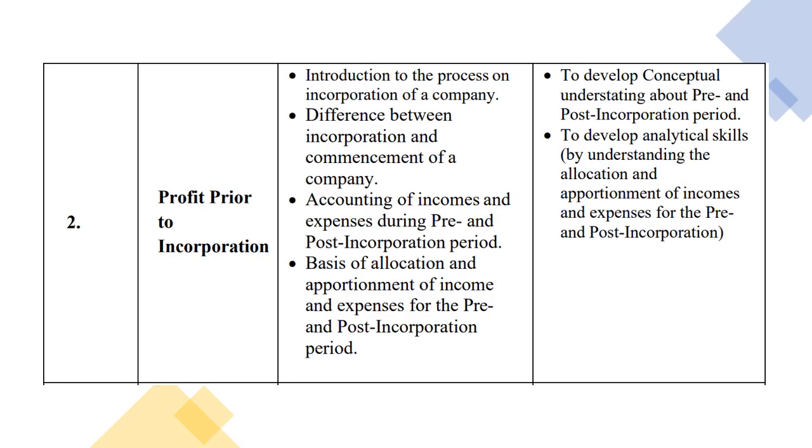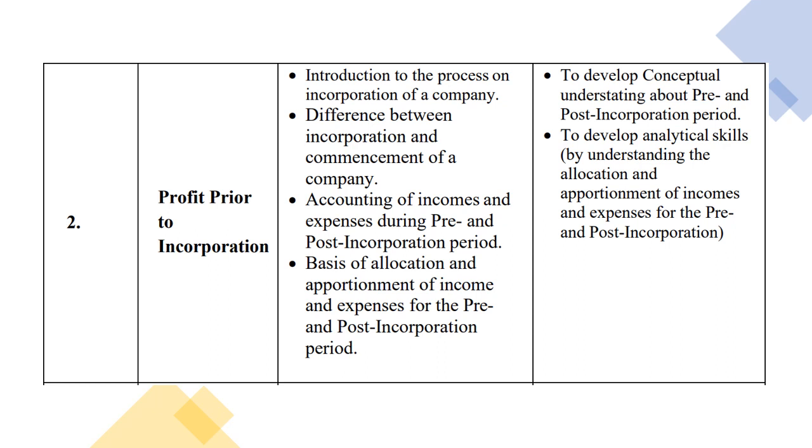Here is the second chapter, profit prior to incorporation. It also importantly follows Accounting Standard 5, which is net profit or loss for the period, prior period items and changes in accounting policies. Here are four subtopics. First, introduction to the process of incorporation of the company.